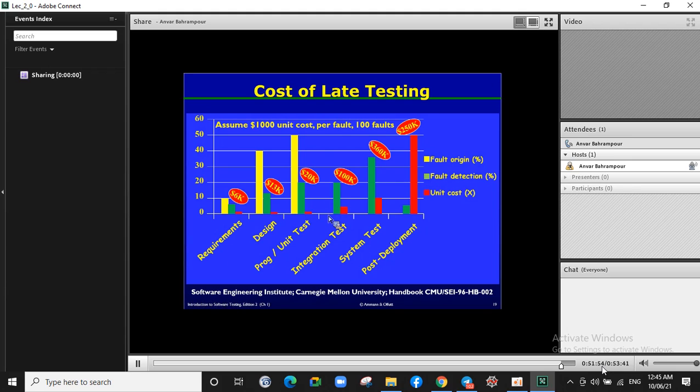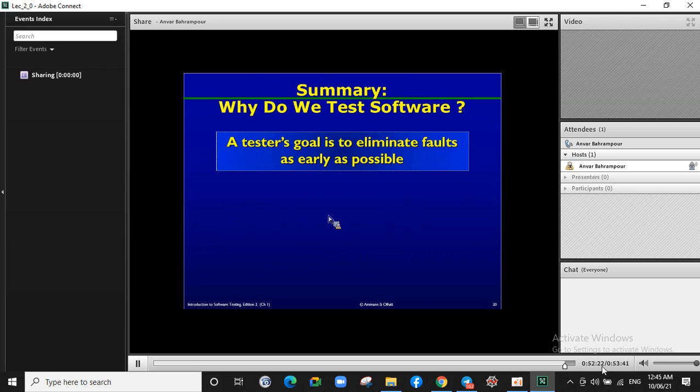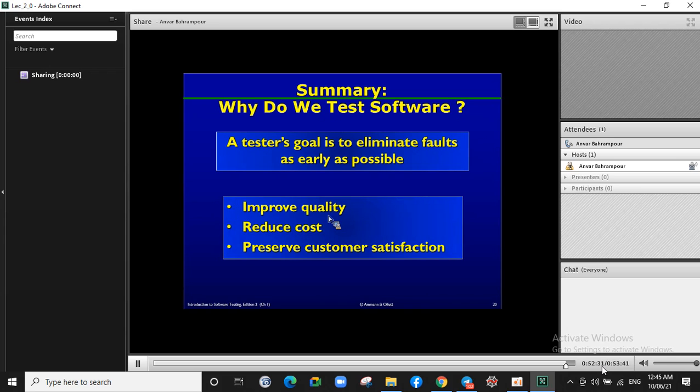So in software testing, we try to design test cases as early as possible in the software development life cycle, and we try to do the testing as soon as possible. We summarize our talk in this slide. The first question and the title of the chapter is why do we test software?